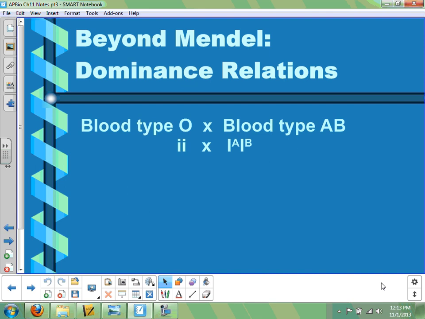The typical symbols we use when we're doing human blood type is we use the letter I as the base letter. Don't ask me why. I've tried to investigate why. I've found a few different answers. Probably the best answer is that at one point they thought this was an incomplete dominance description here, so the letter I for incomplete. But if you have type O blood, you'd have two recessive alleles, so we use lowercase i's.